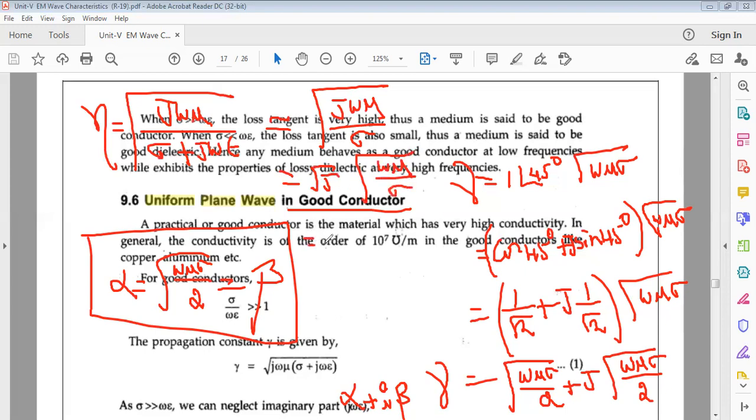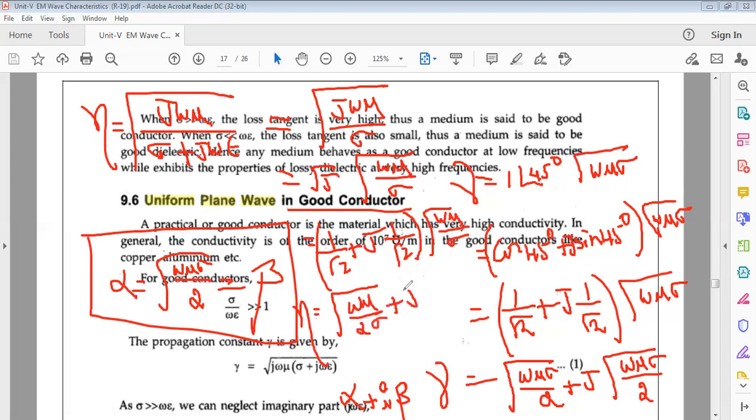What is under root of j? Cos 45 and sin 45, or 1 with an angle of 45 degrees. So cos 45, 1 by root 2, plus j into 1 by root 2, whole multiplied with under root of omega mu by sigma. That gives eta equal to under root of omega mu by 2 sigma plus j into under root of omega mu by 2 sigma.